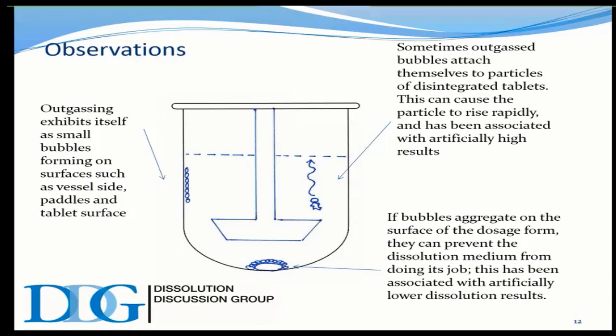If it is a coated tablet, you may be delaying the release of that coating from dissolving. So a number of different issues. Again, product by product differences are what we need to evaluate, and individual impacts of air.